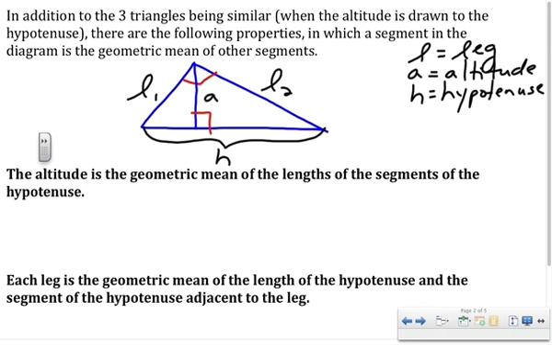Notice that when I drew that altitude, the hypotenuse got split into 2 segments. We call those the segments of the hypotenuse. Okay, so again, very frequently I hear students refer to these as sides. They're all sides. The S's are segments of the hypotenuse.